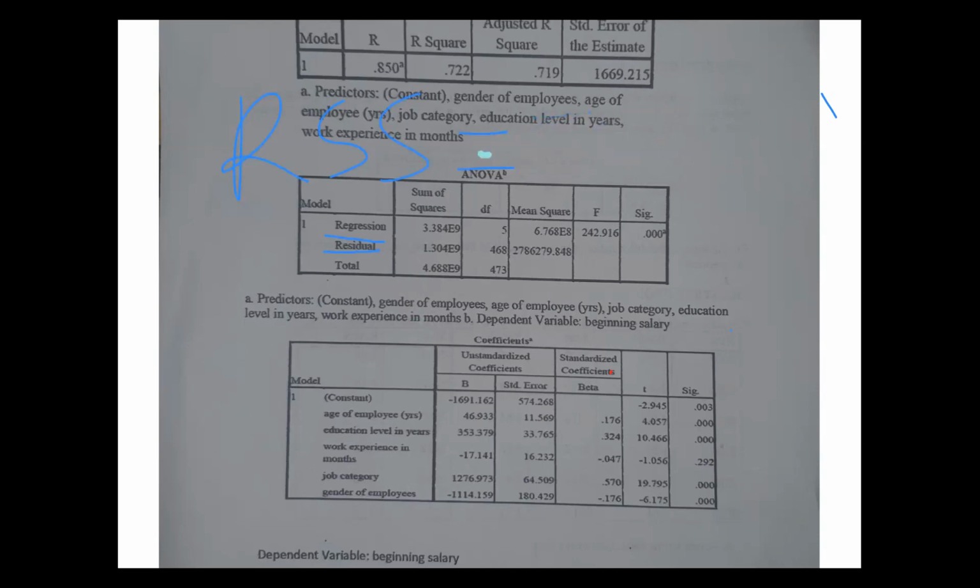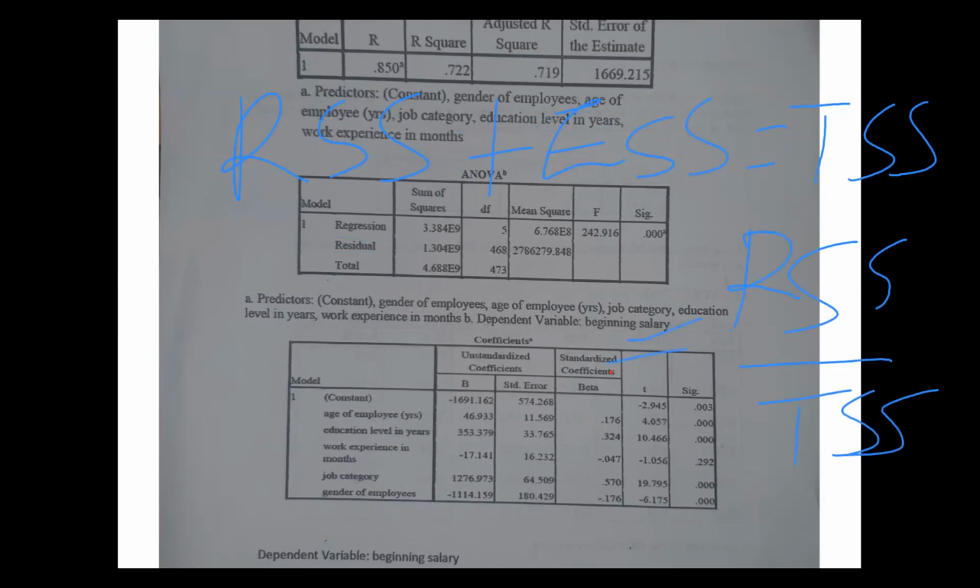When you add the two, you should get the total sum of squares, the TSS. Most of the time, when you divide RSS by TSS, it gives you the R squared, or something close to the R squared. It's one of the ways of calculating that.